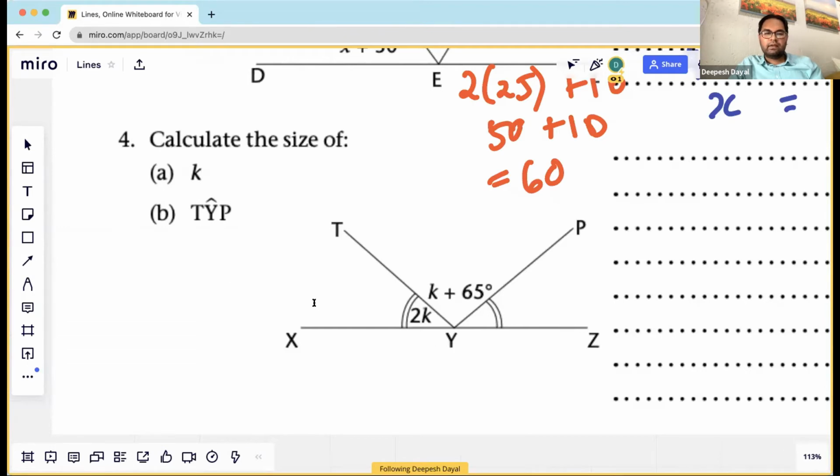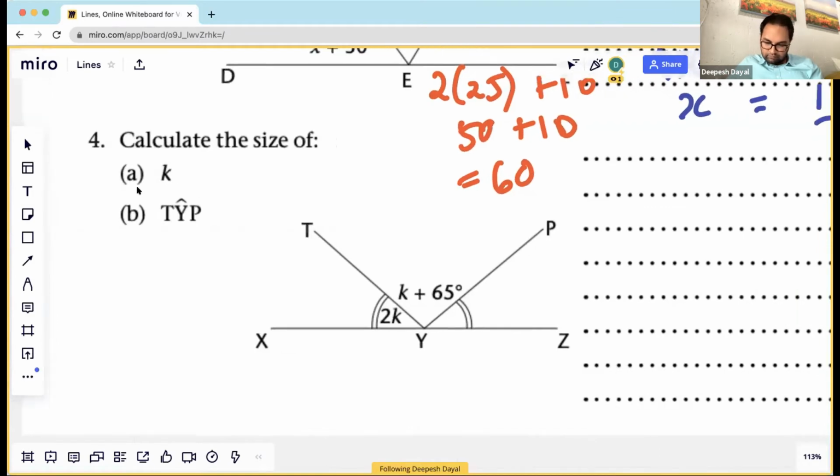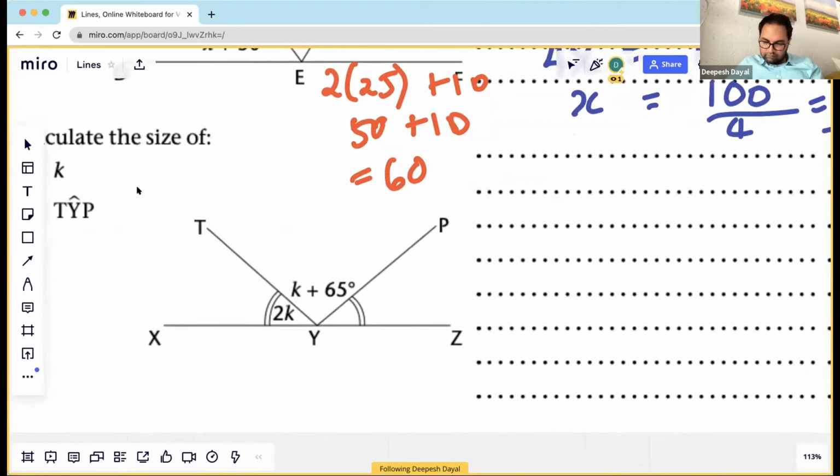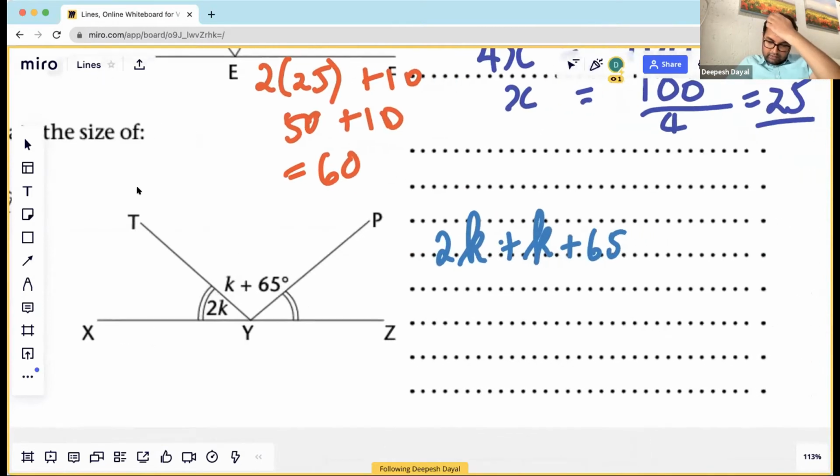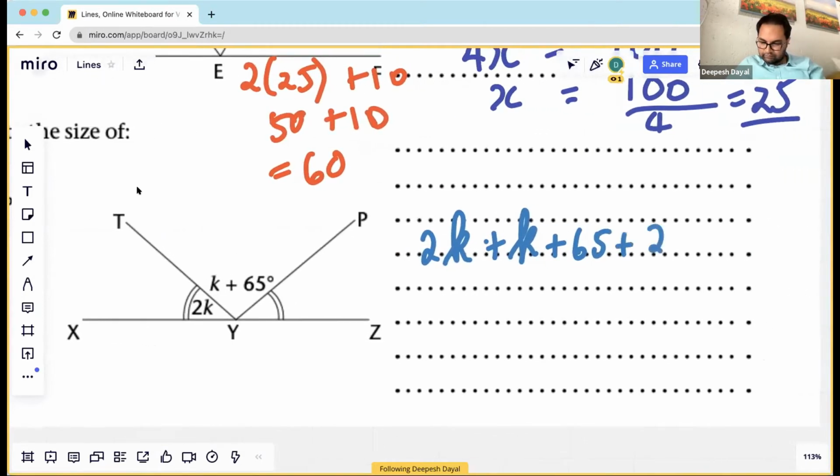So what I did is I did 2K plus K plus 65 degrees plus 2K equals 180 degrees. Okay, so you said 2K plus K plus 65 plus 2K equals 180 degrees.